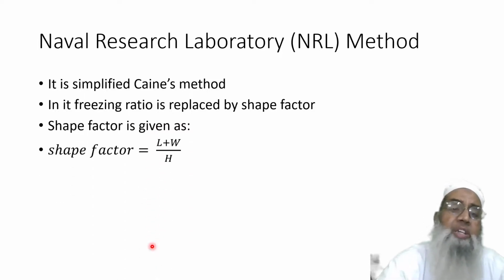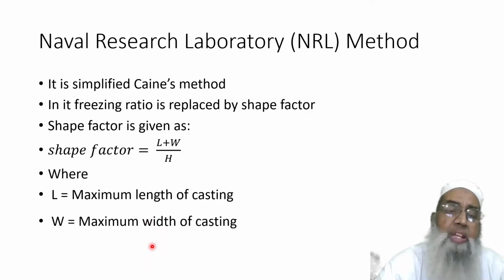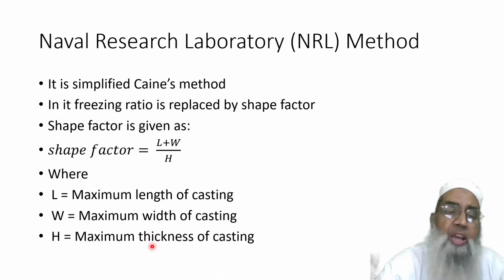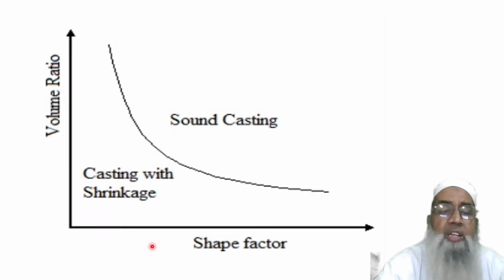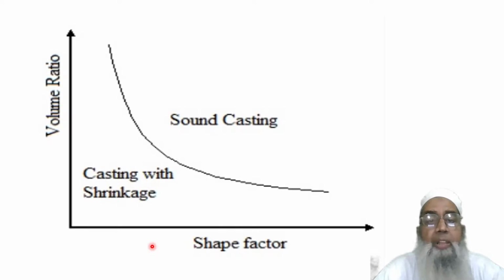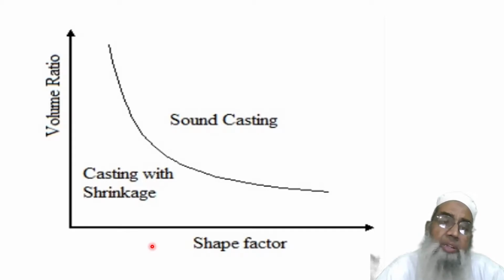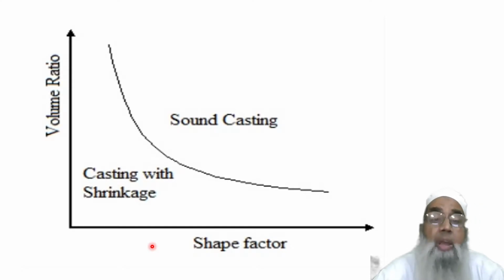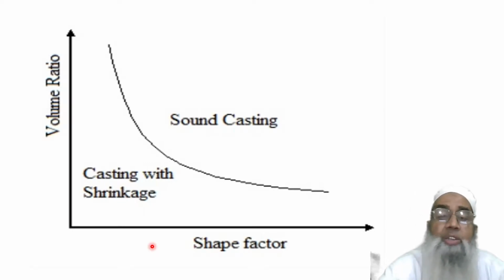Shape factor is given by L plus W upon H, where L is the maximum length of the casting, W is the maximum width, H is the maximum thickness. If it lies on the right side of the curve, we will have sound casting. If it lies on the left side of the curve, it gives a center line shrinkage. Knowing the shape factor, we get a volume ratio and calculate the size of the riser.